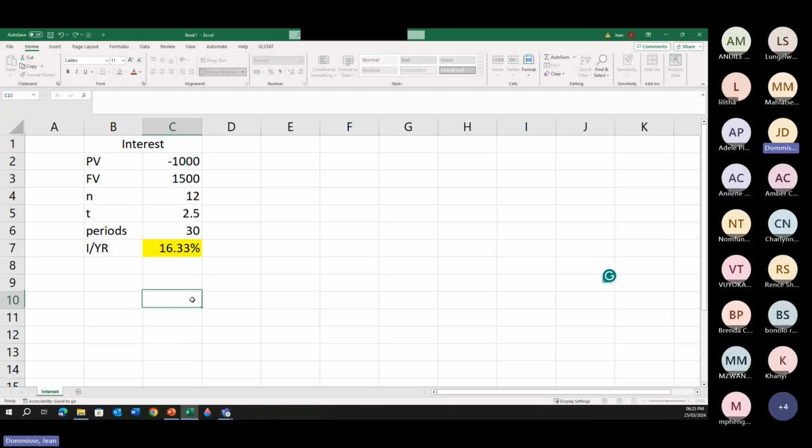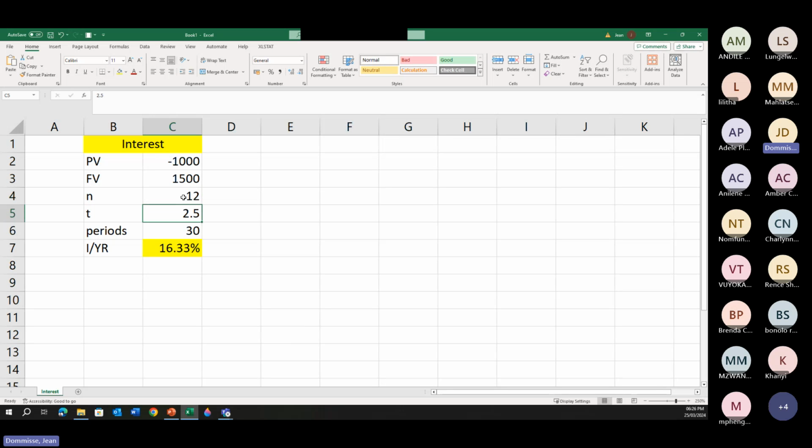Just remember, I've now created it so that if your period is not monthly but quarterly, you just change it to 4 and the rest will automatically change.